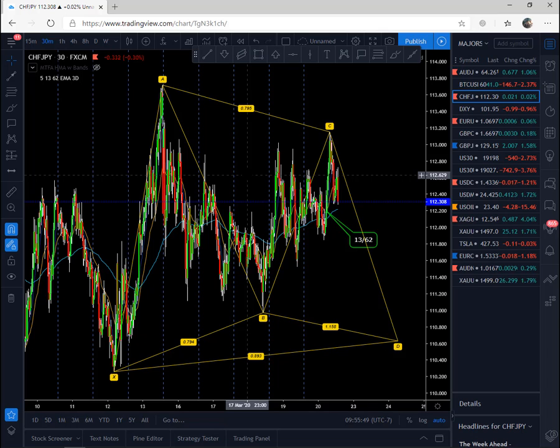So this pattern I do like better than the previous one.